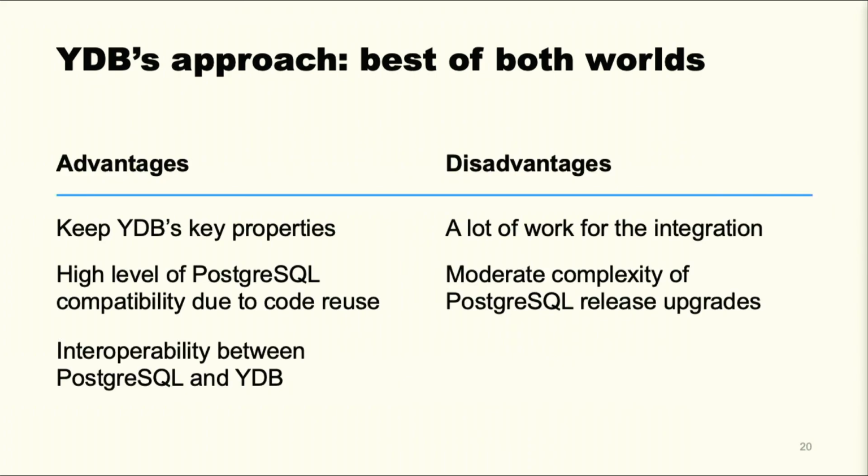So with this approach, we kind of kept the key properties of YDB, but also became pretty close in compatibility with PostgreSQL. Given all of these data types and functions and tables, they are all in the same environment and namespace.